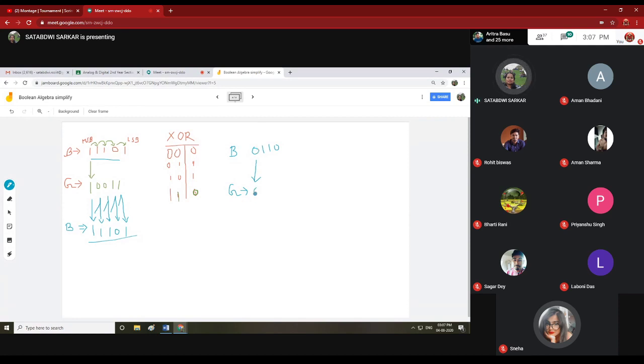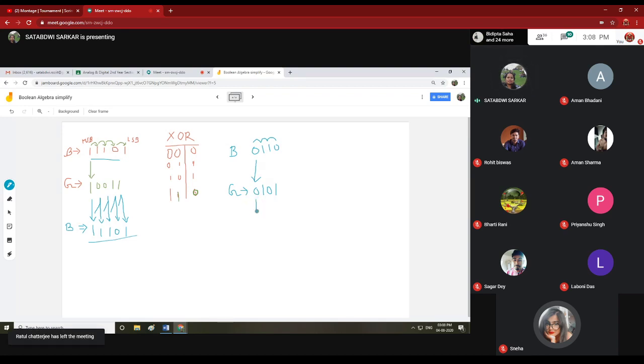So 0 will come first, and then the XOR operations will be done with the beside value. 0 XOR 1 is 1. 1 XOR 1 is 0. 1 XOR 0 is 1. So this is our gray code.